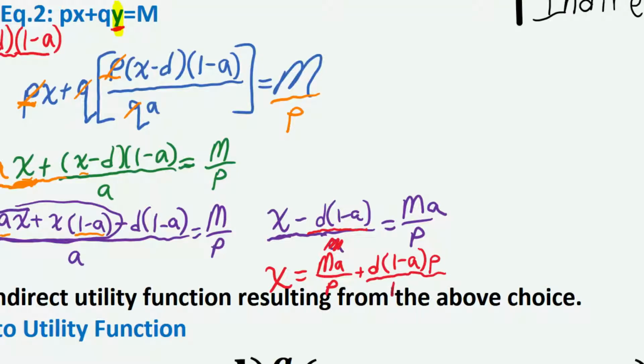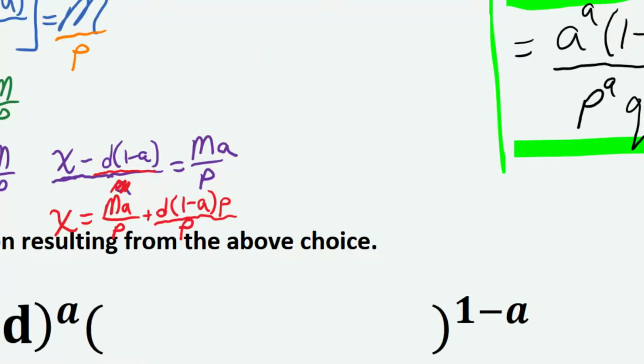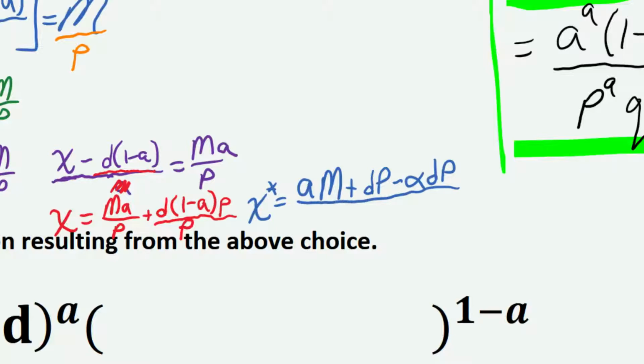We're just multiplying by 1 there. And then that allows us to rewrite this as x star equals am plus, and I'm going to multiply this out, dp minus adp all over p.